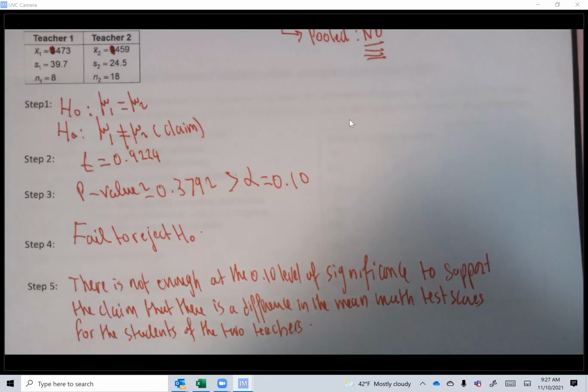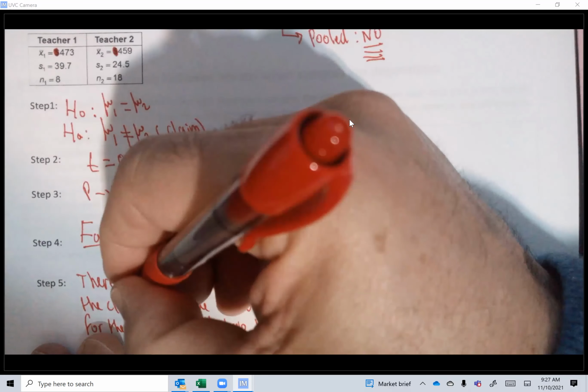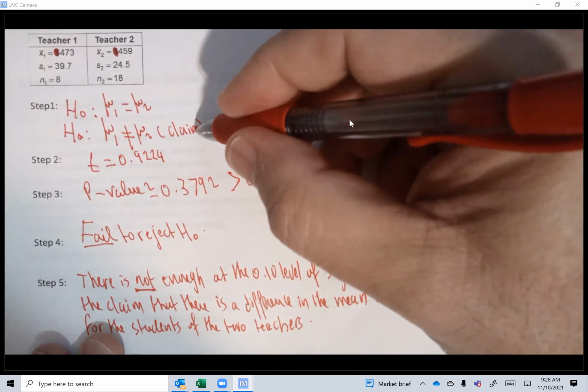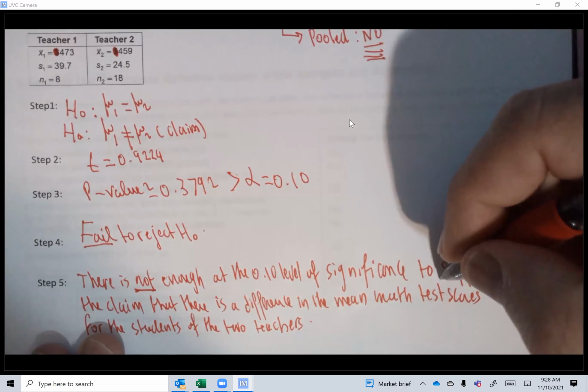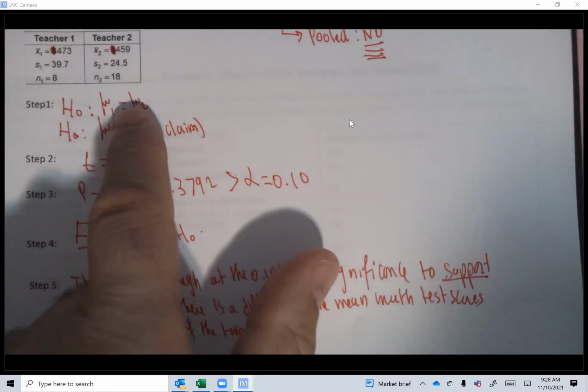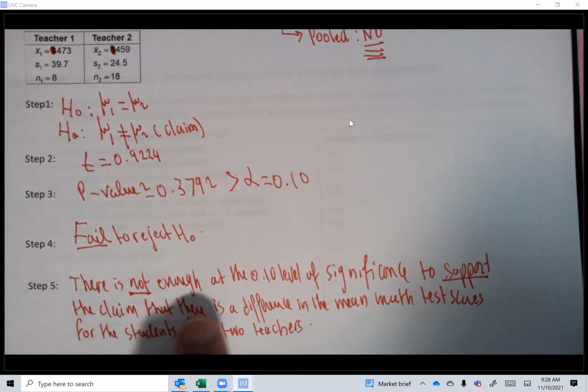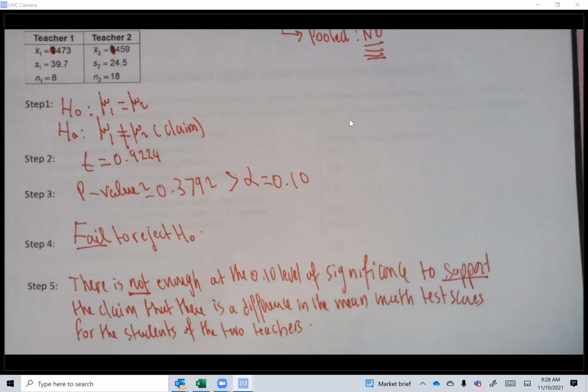There is not enough evidence. Look, guys, fail means not. Claim in HA means the word support. If the claim was in H0, you would say there is not enough evidence to reject the claim.